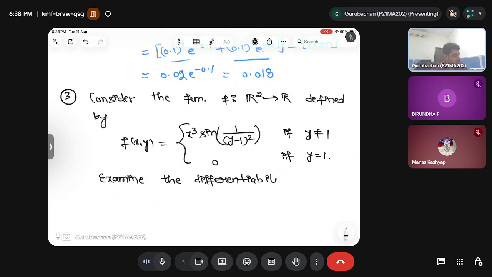Since we are discussing differentiability, obviously continuity is included inside. So see whether the function is differentiable or not at (0, 1), and whether the partial derivatives exist or not. You know the main theorem, so try to apply that.